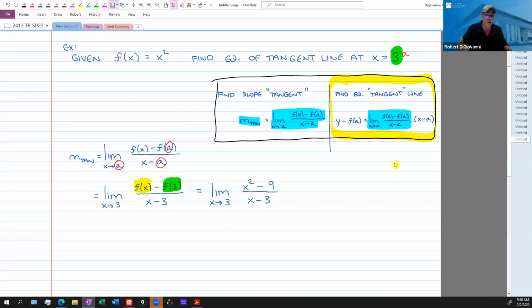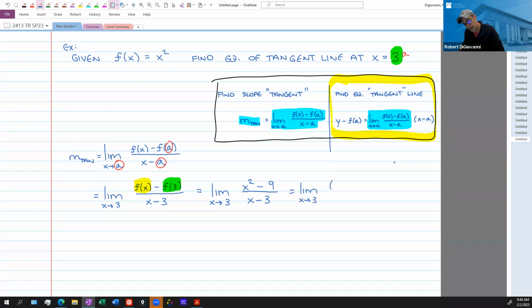And now all the work that you've been doing over the last few weeks, working with limits and figuring out limits, now you get to actually do one. Let x go to 3. You get 0 on the top, 0 on the bottom, which means some algebra. What algebra would we use here? Difference of squares.